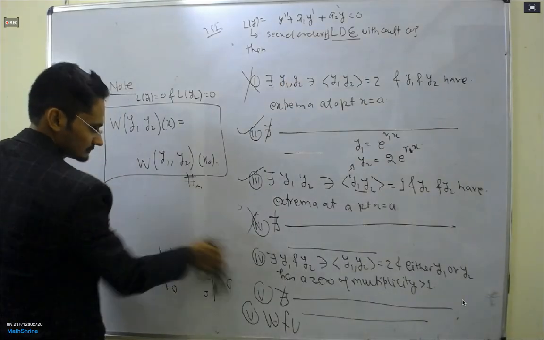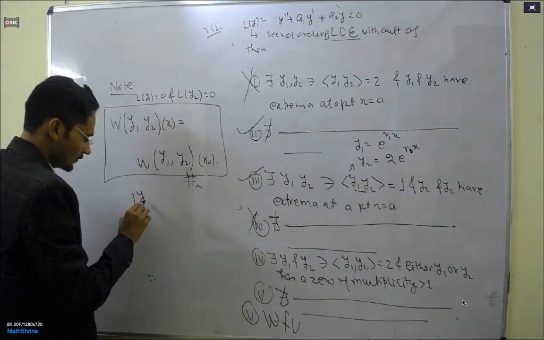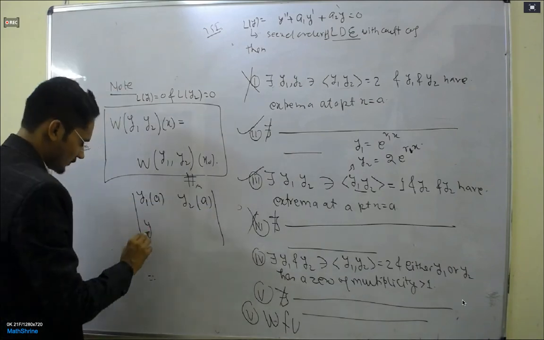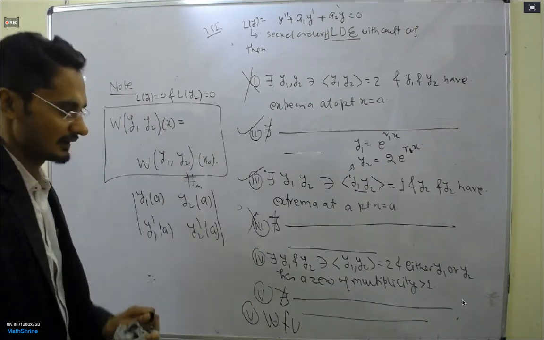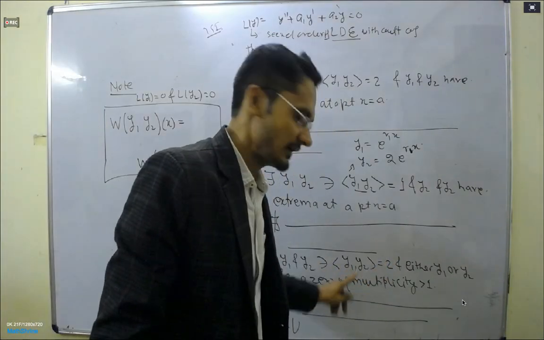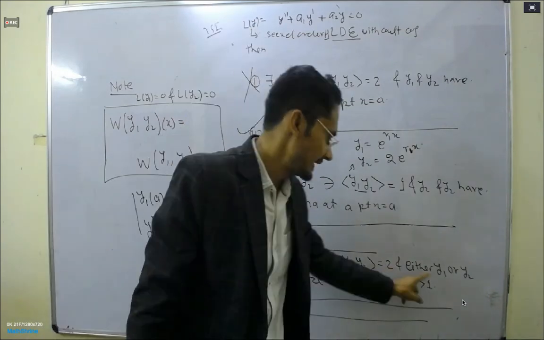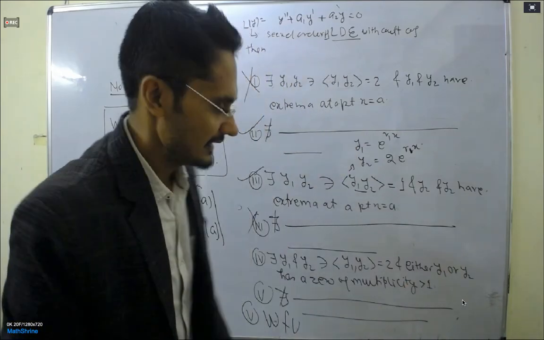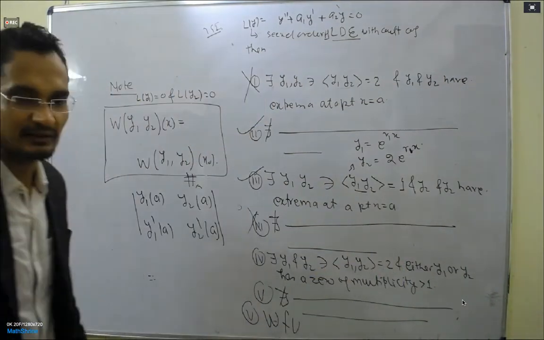Then either y1 or y2 has a zero of multiplicity greater than or equal to 1. Suppose y1 has a zero of multiplicity greater than 1, it means that y1 is 0, right? And y1 dash is 0. You see the definition? Zero of multiplicity greater than 1, or y2 is 0 and y2 dash is 0. At least either this is satisfied or this is satisfied. That's what it means to have a zero of multiplicity greater than 1.